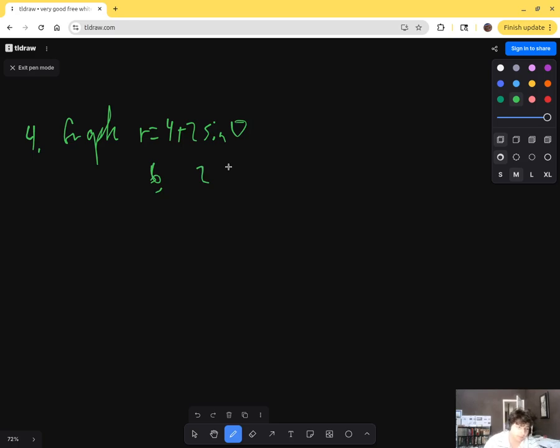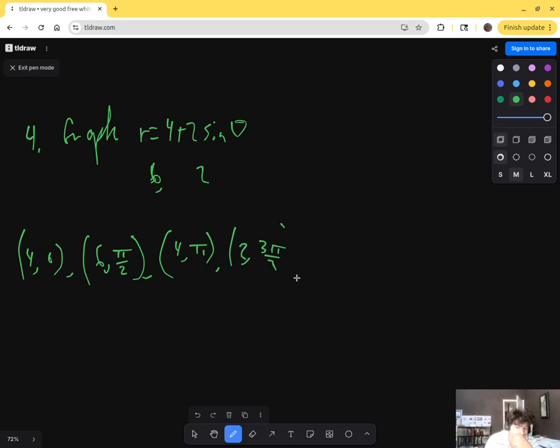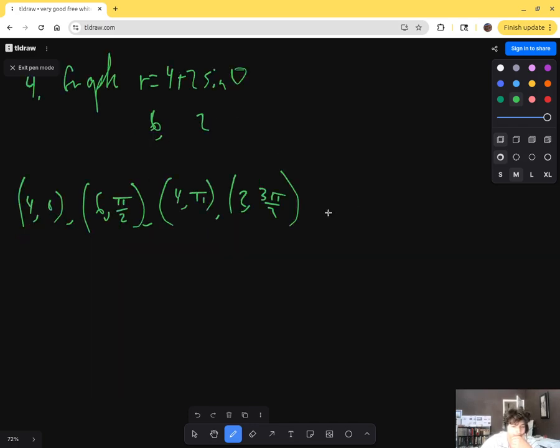Now let's plug in 0, pi over 2, pi, 3 pi over 2. So at sine of 0, we have 4. At pi over 2, we have 6, pi over 2. And then at pi, we have 4, pi. And then at 3 pi over 2, we have 2, 3 pi over 2. Alright, so now we can graph this.